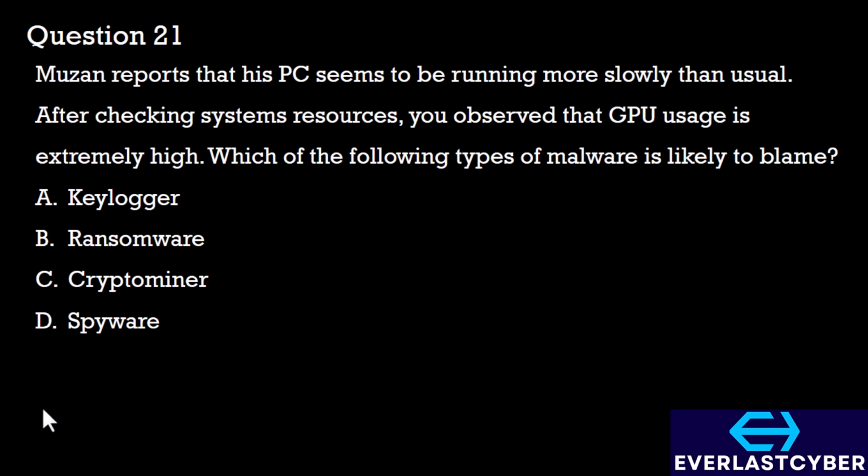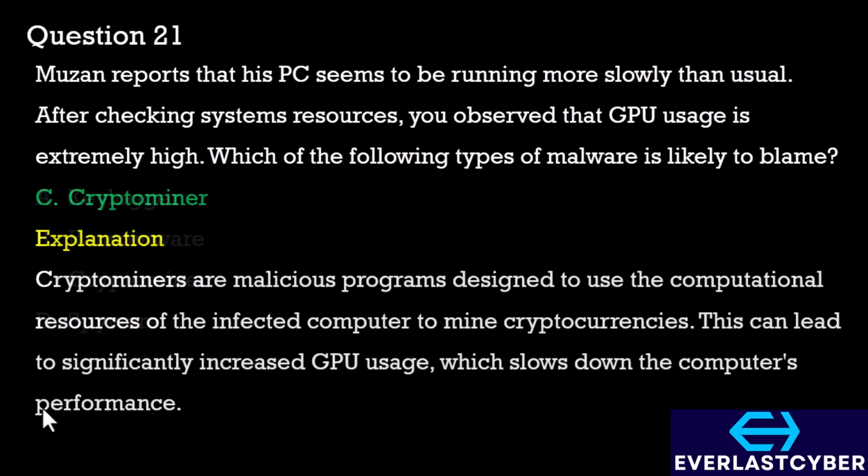A crypto miner uses computational resources of the computer to mine cryptocurrencies, and this can lead to an increased GPU usage, while a spyware is used to gather information about a person or organization without their knowledge. So with respect to the scenario here where Muzen reports that his PC is running more slowly than usual, it's likely a crypto miner attack that is happening on his PC. So we'll be going with option C.